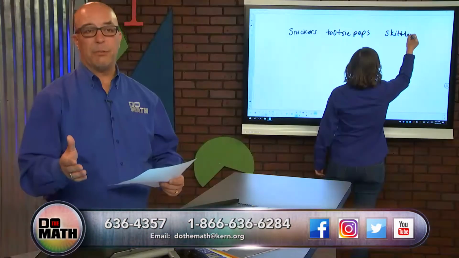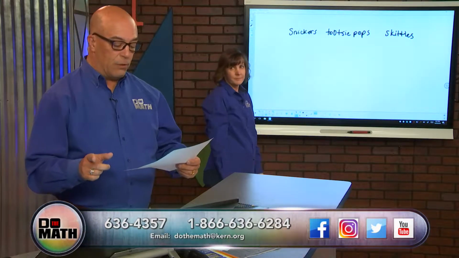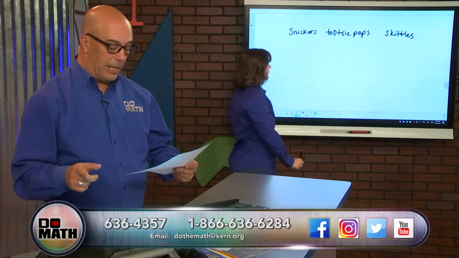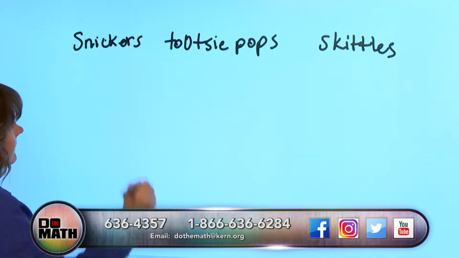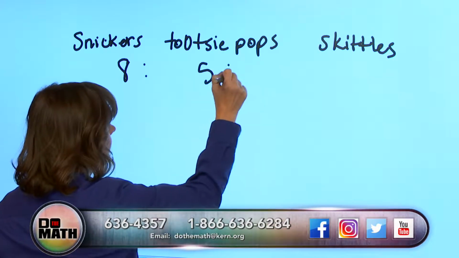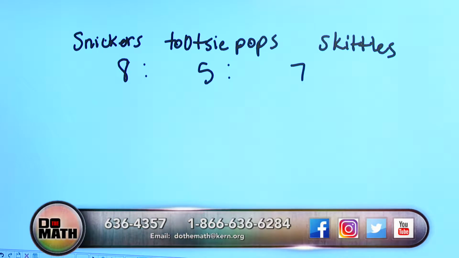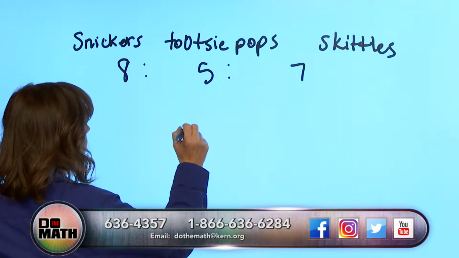So those are the 3 types of candies that Molly's mom was passing out. The ratio, Snickers to Tootsie Pops to Skittle packs, was 8 to 5 to 7. If she had exactly 40 Tootsie Pops, how many total treats were in the bowl?